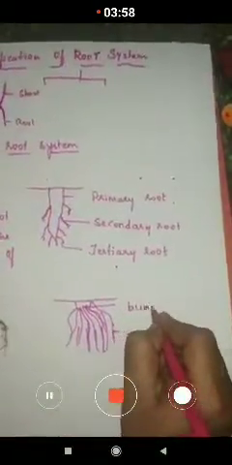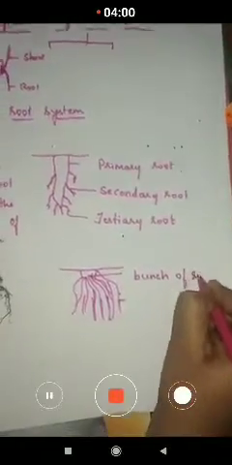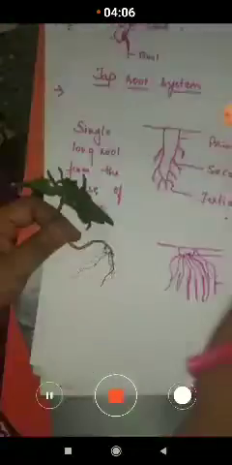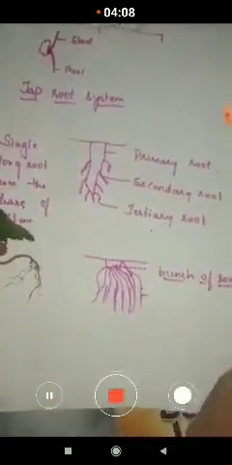Yes, so these are called a bunch of roots. A bunch of roots starts arising from the base of the stem, and you can clearly observe here, see properly, children, the bunch of roots arising from the base of the stem.